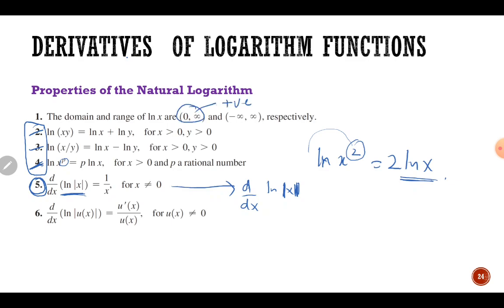Tengok dia punya domain untuk x square 0, daripada 0 kita tak ada value yang negatif. Kalau you tekan calculator ln of a negative number, you will find an error. Dia memang tak ada value. Log dia memang kena value yang positif sahaja. Okay, sebab apa? Sebab konsep dia adalah A kuasa something. Bila kuasa something, of course value dia takkan dapat negatif, betul?